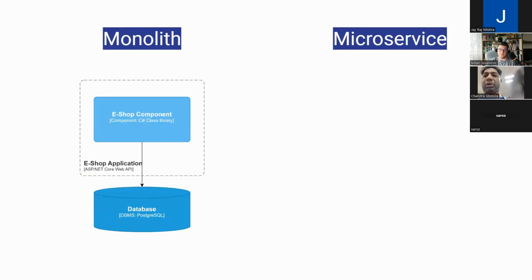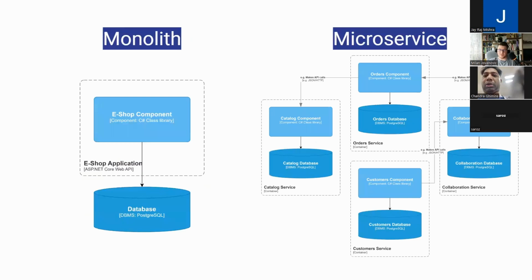So here's a C4 diagram of a typical monolith system. There's one database and one application, and your application is just a single component, let's say an ASP.NET Core Web API. Now, if you transition this system into the microservices architecture, let's say that we split it into 4 separate services.